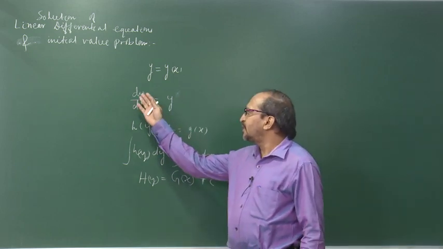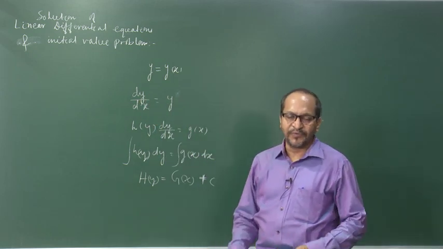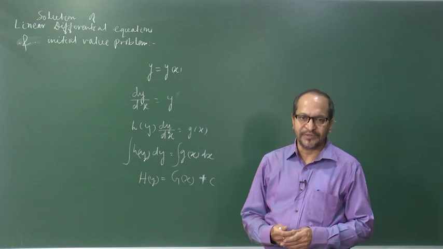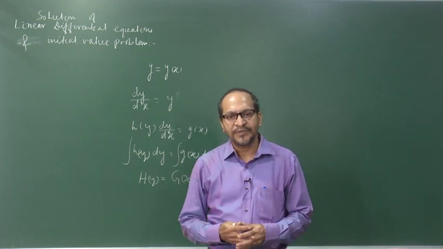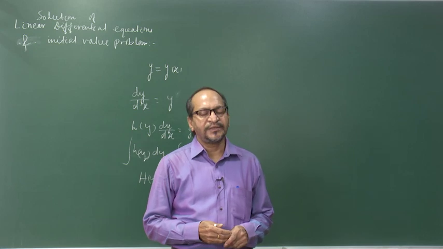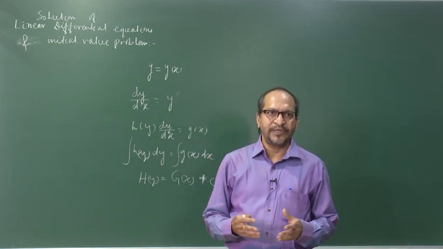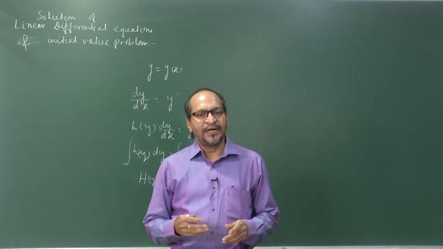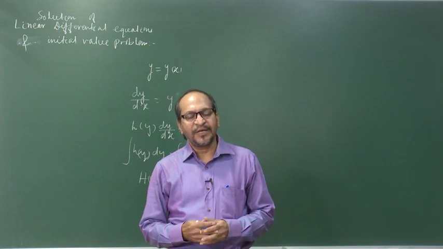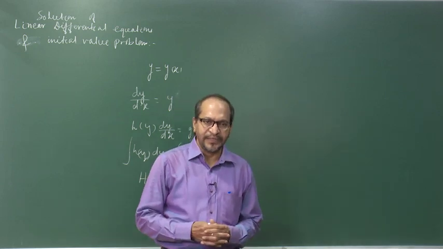This is a differential equation which involves the first derivative of y, so it is called a first order differential equation. If a differential equation involves the second derivative of y, then we call it second order, and so on. So, we can have nth order differential equations.